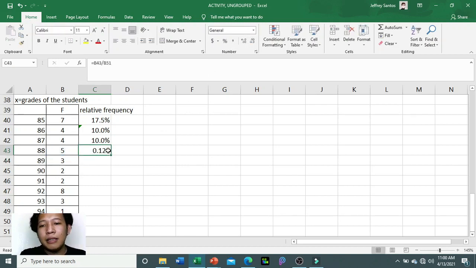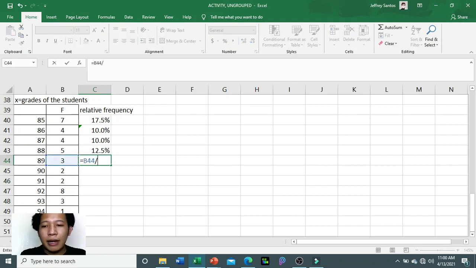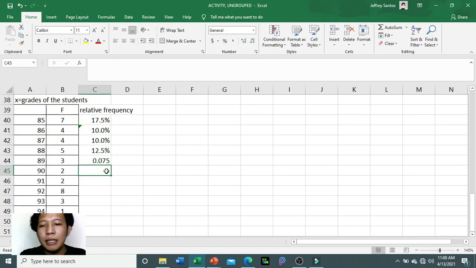So that would be 0.125, or in percent, that is 12.5%. And the other one, we have here 3 divided by 40. So that would be 0.075, or in percent, that is 7.5%.